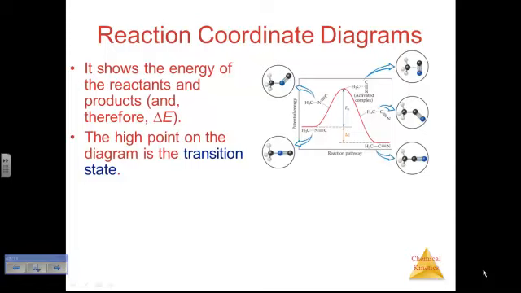Notice at the very high point of our diagram, we have something called the transition state. That's where the dashed lines are. I call it the activated complex. Some texts call it the transition state. It's that arrangement of atoms at the very top of the energy barrier where bonds are breaking and new bonds are forming.